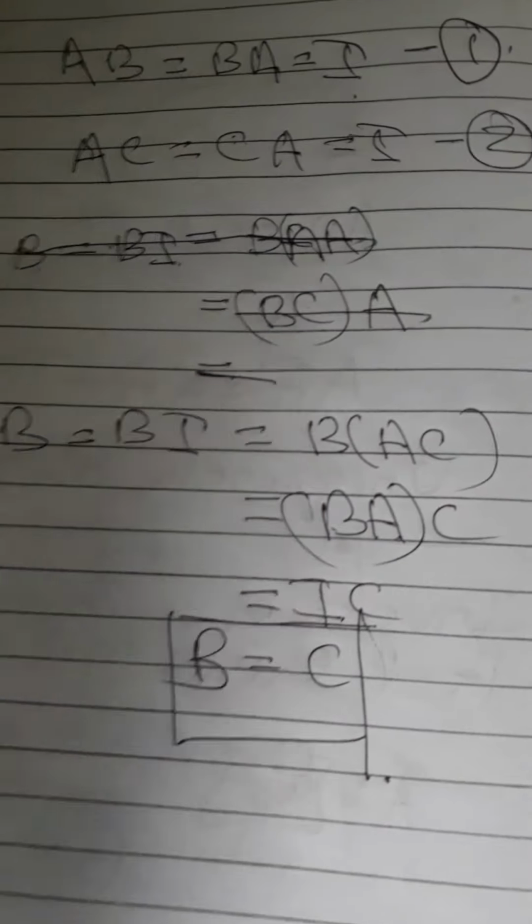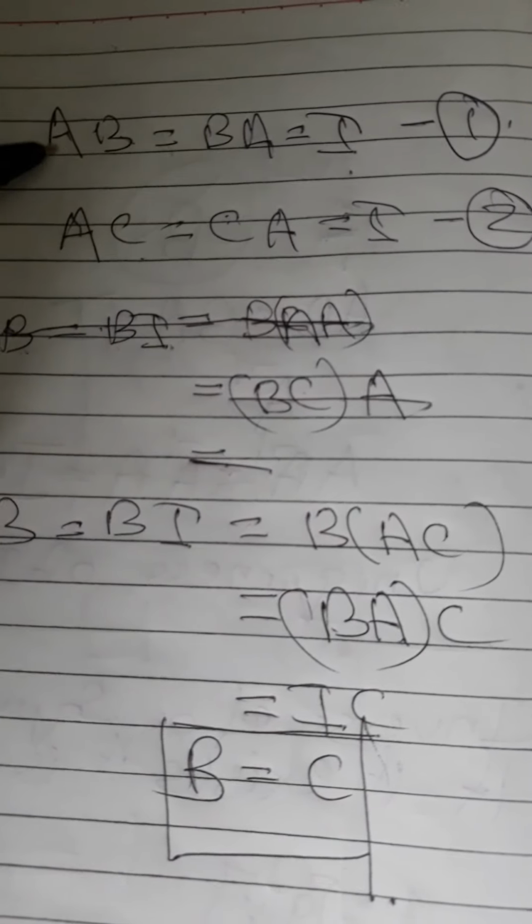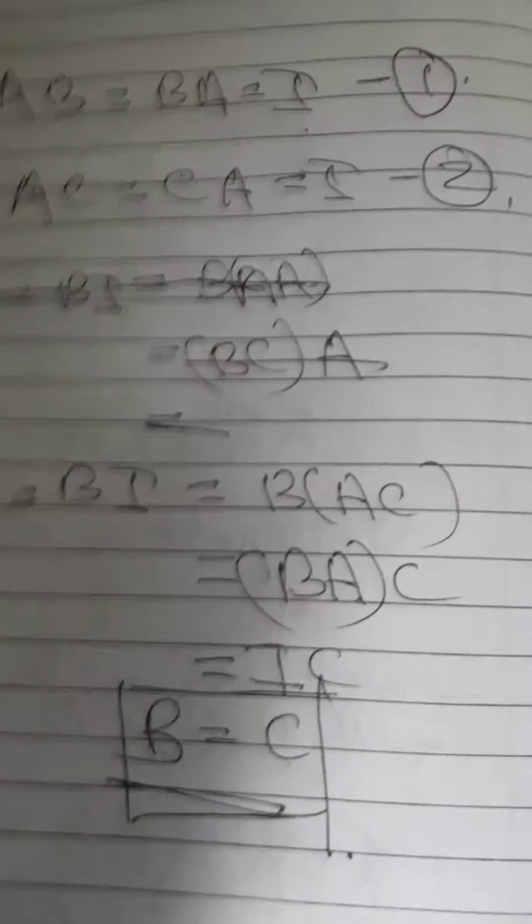So by taking that there exist two inverses for a matrix A, we have proved that B is equal to C. You can see this video once again for your reference.